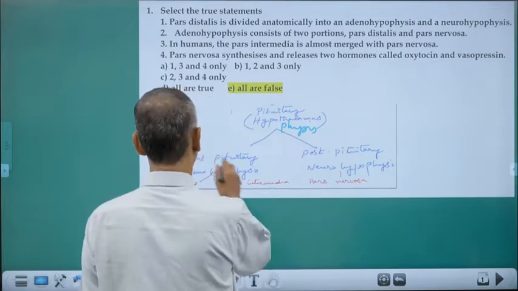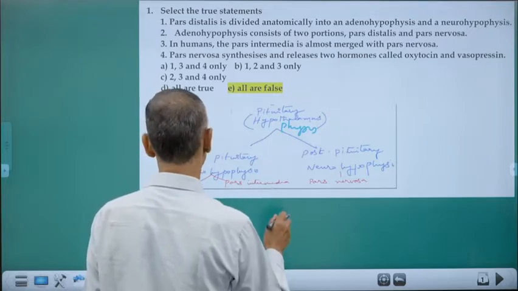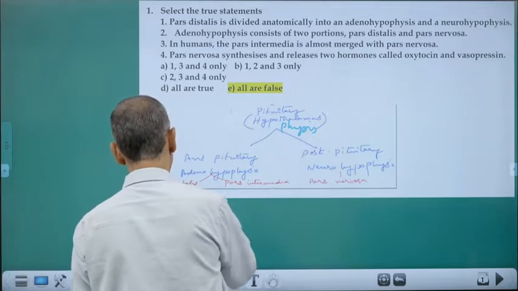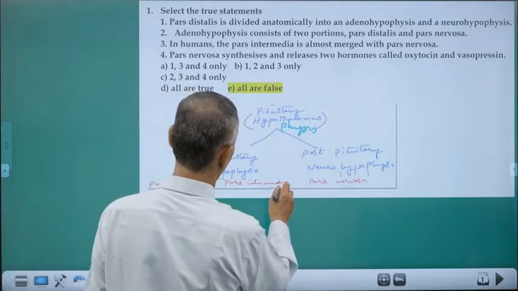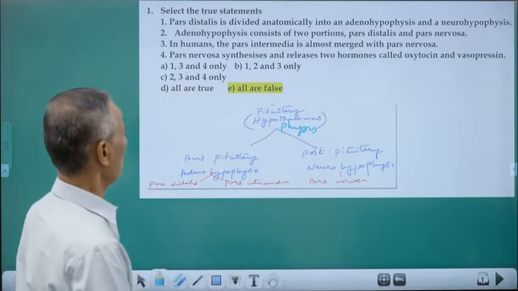So, anterior pituitary or adenohypophysis is actually the secretory part, which is made up of pars distalis and pars intermedia. Pars intermedia we cannot distinguish; it is completely fused in adults.